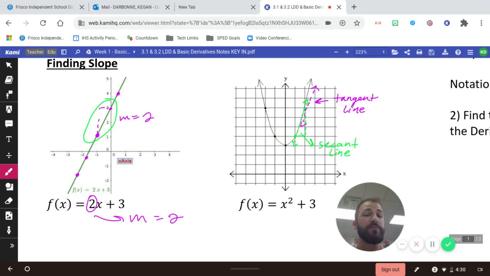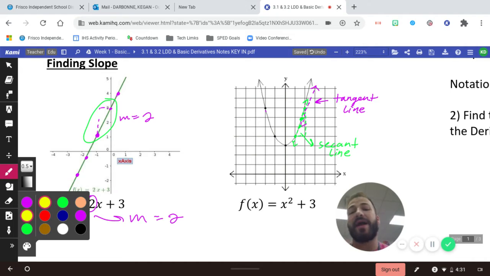Well, I can find my secant line. Yes, I can pick any 2 points on a curve and I can find the change over that interval. Well, what mathematicians, those who were discovering calculus, saw was that if I started to move my secant line points closer to the point where I want to find my tangent line, over time, the slope of the secant line that I found was closer and closer to the slope of the tangent line.